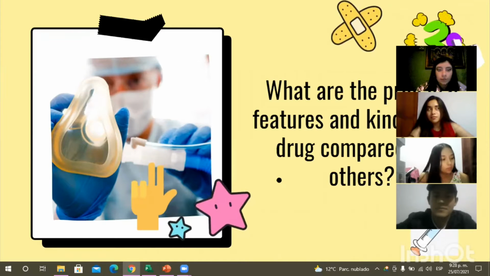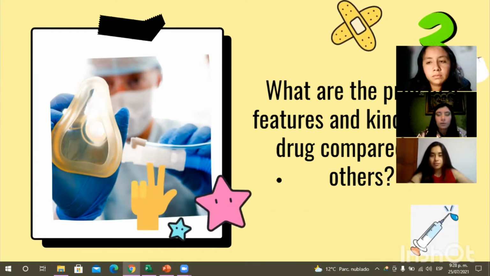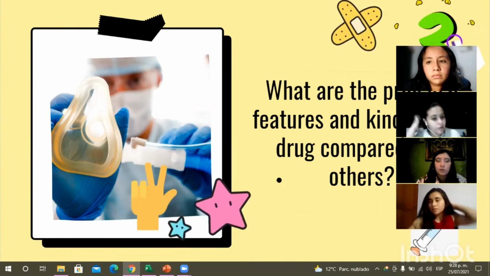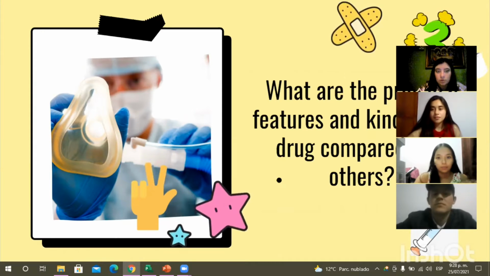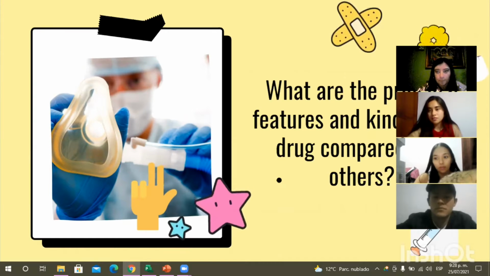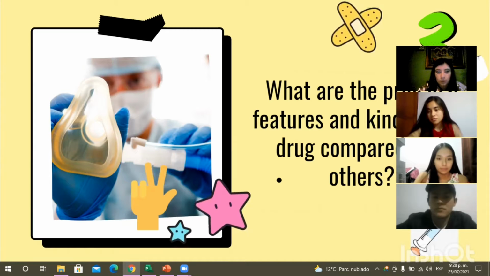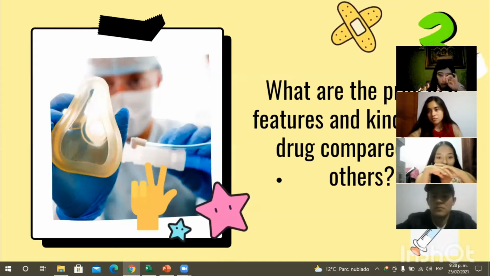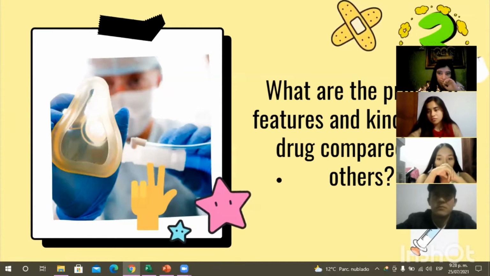What are the principal features of this drug compared with others? Anesthesia is divided into three main categories: local, regional, and general. All of them affect the nervous system in some way, and can be administered by various methods and different medications.